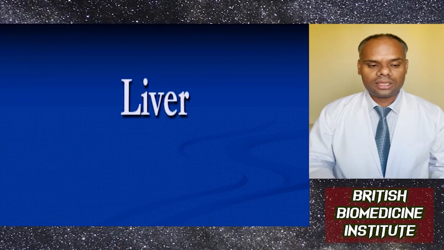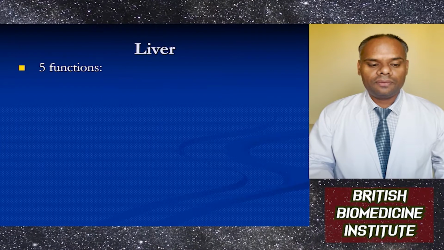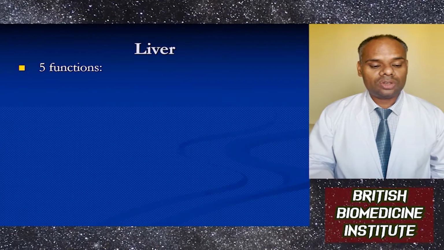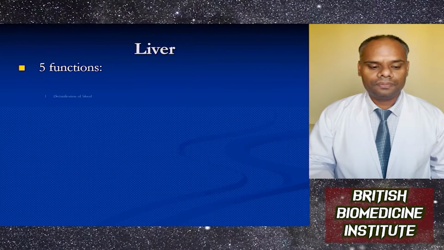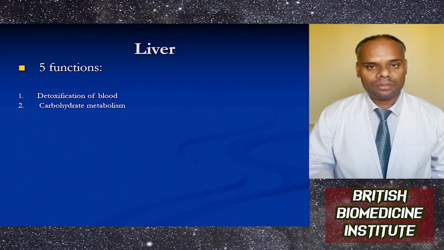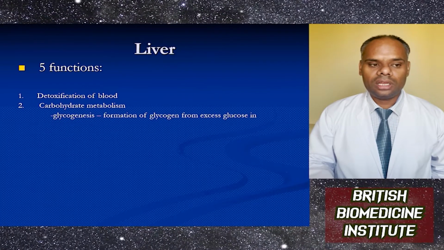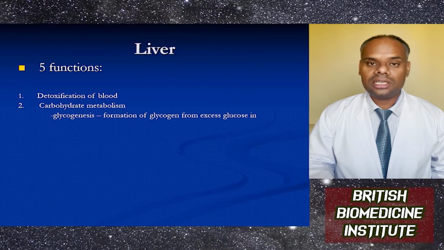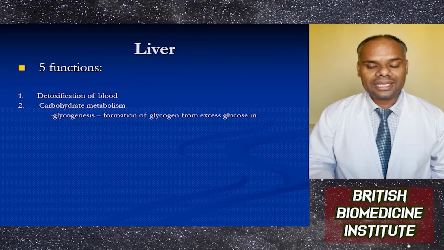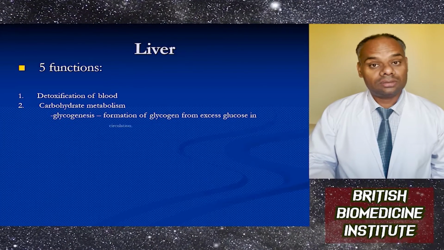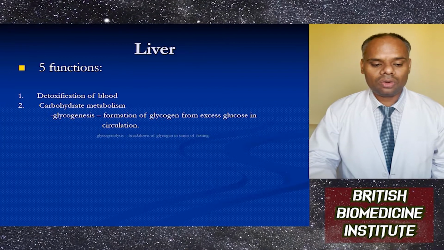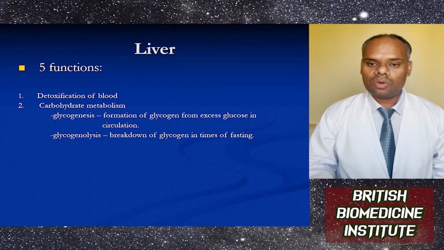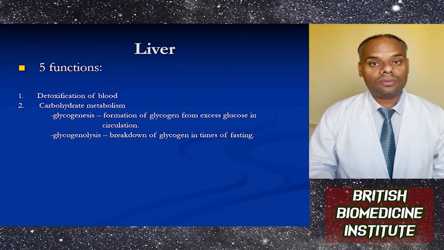The liver has 5 main functions. First is detoxification of blood. Second is carbohydrate metabolism, which includes glycogenesis, the formation of glycogen from excess glucose in circulation, and glycogenolysis, the breakdown of glycogen in the time of fasting.